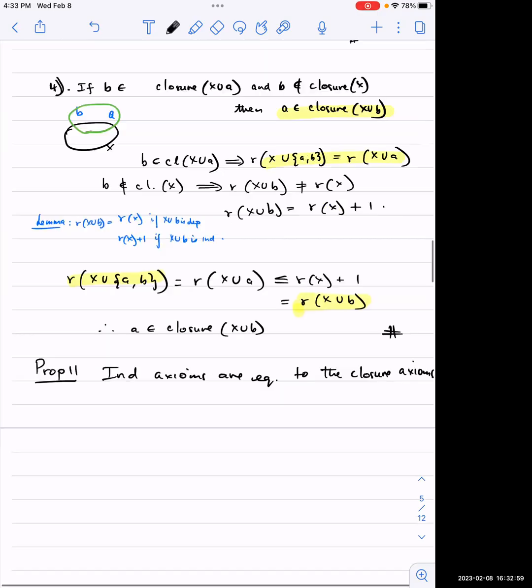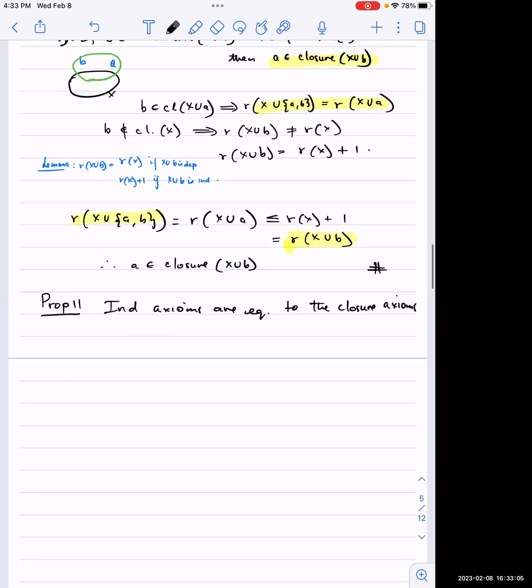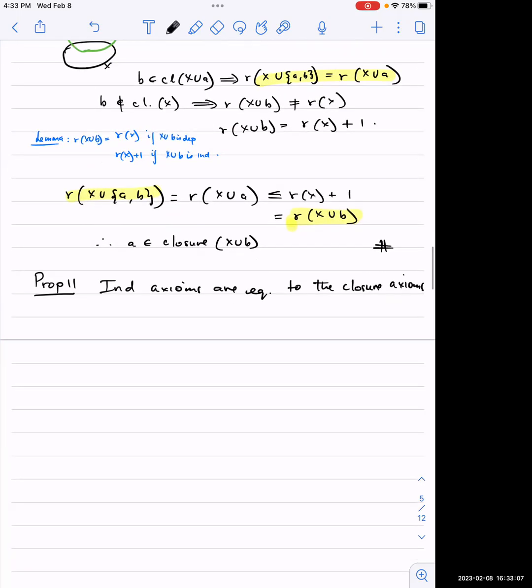Okay, and now we come to closed sets or flats, and very soon we'll have hyperplanes. And the hyperplane here means something different from the hyperplane in polytopes, and flats also mean something different. So just something to keep in mind.